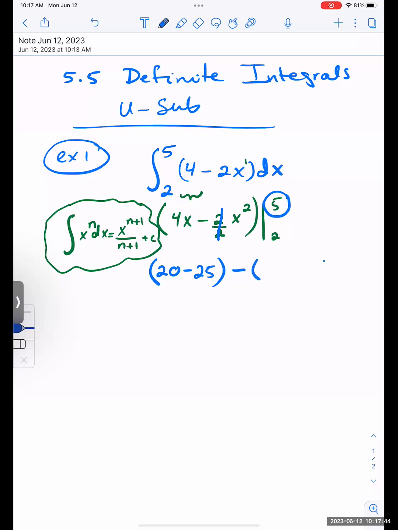Minus the lower. 4 times 2 is 8, minus 2 squared is 4. 20 minus 25 is -5, minus 8 minus 4 is 4. So -5, -4, -9.